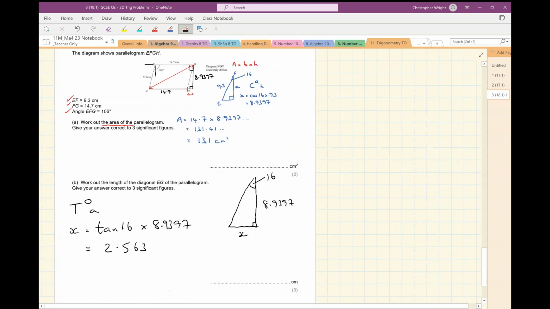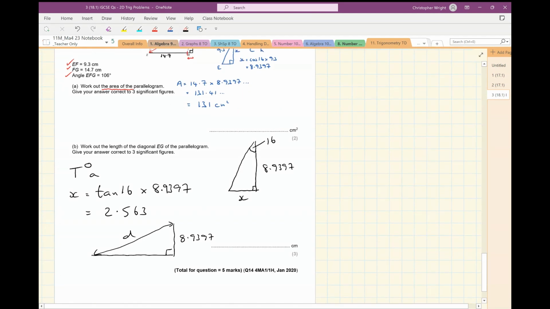So that means the whole of the base, let's draw this big right angle triangle here. There it is, the whole of the base and the height. And here's the diagonal that I've been asked to find, right? I'll call that D for now, the diagonal. There's my right angle. This is the height, 8.9397. And this length here is 14.7 plus the little bit. So that gives me 17.263. So now all I need to use is Pythagoras here.